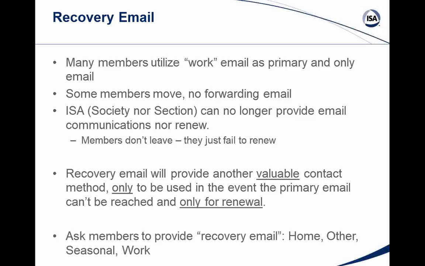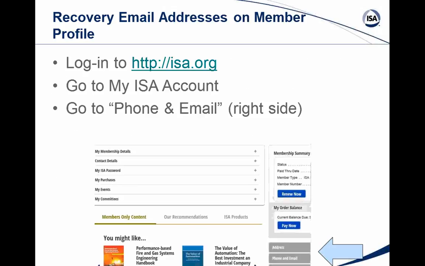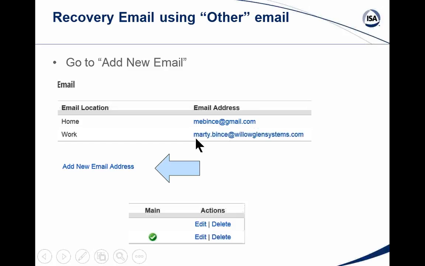Let's have a look. So we're going to ask members for a recovery email that consists of either home and other email address from another, let's say another work or another source of work, something seasonal perhaps. So again, you're going to log into the ISA.org, go to your My ISA, and down to phone and email on the right side, similar to the email preference center. But instead of the email preference center, we'll go to this area where it says Add New Email Address.